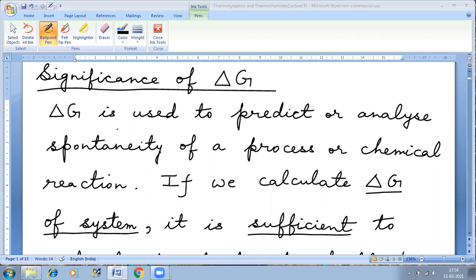So if I want to find out about a particular process, whether it will happen on its own or not, then I need to calculate delta G and then predict its spontaneity.